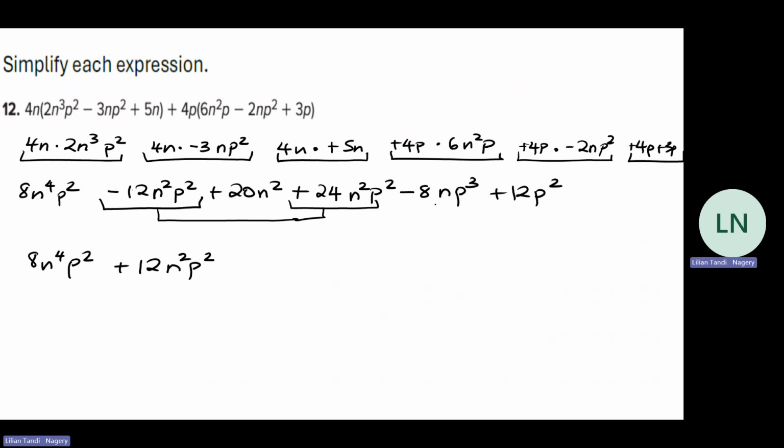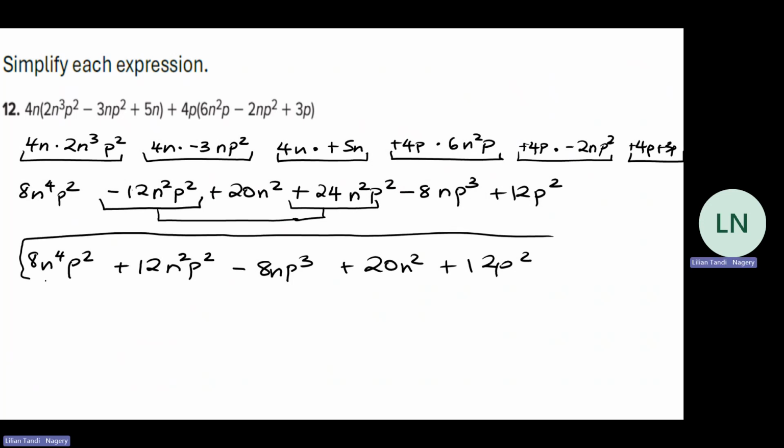Then I will do this one because it has 4. So minus 8n p cubed. Then I will do n first. 20n squared plus 12p squared. And this is our answer.